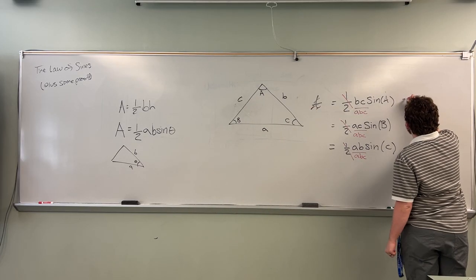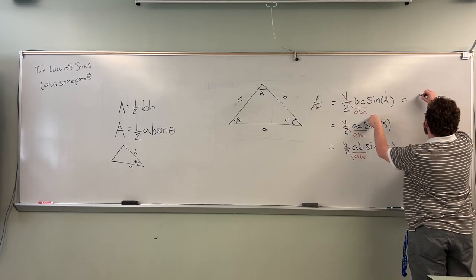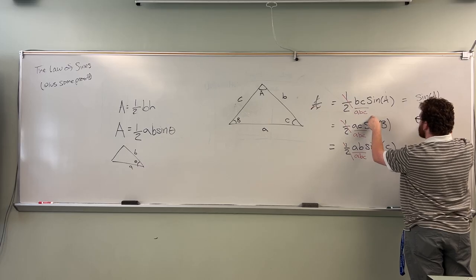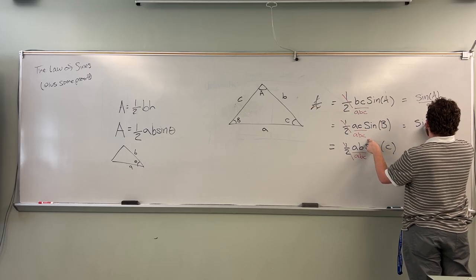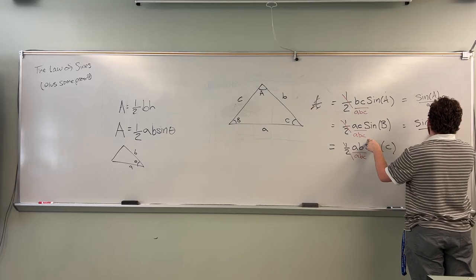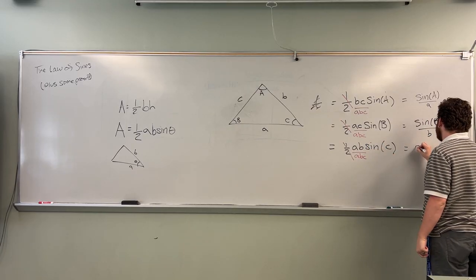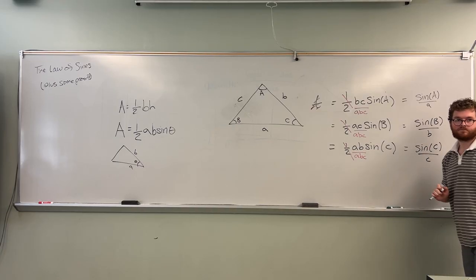And then, doing some cancellation, the b and the c cancel here, so I get sine of A over a. Here the a and c cancel out, so I get sine of capital B over b. And then a, b cancel out, so I get sine of capital C over c.